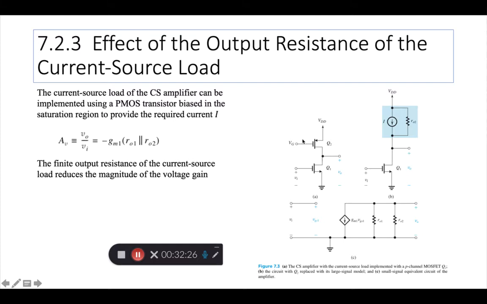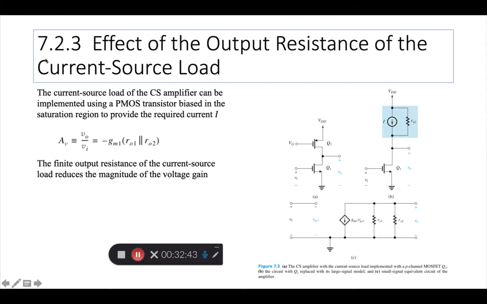We'll do that in the fourth topic, not 7.2, but 7.4 deals with these kinds of issues a little more. So for now, just take it that a PMOS transistor will do the job.